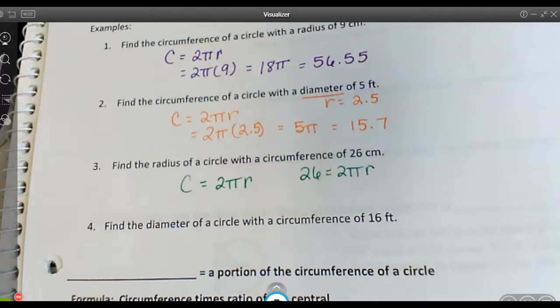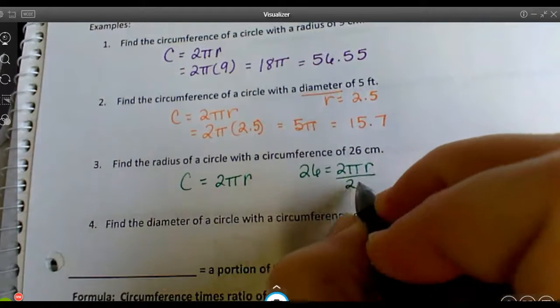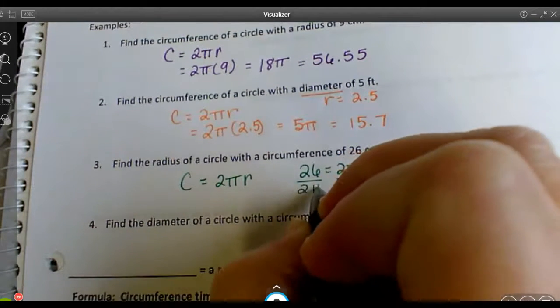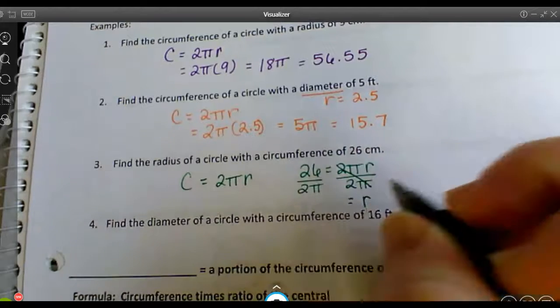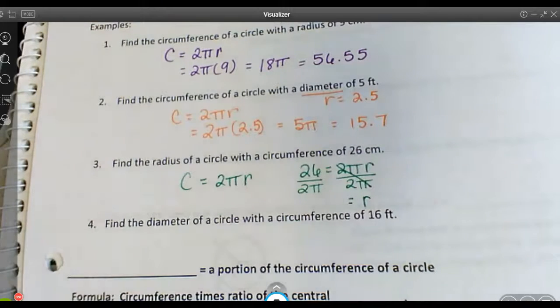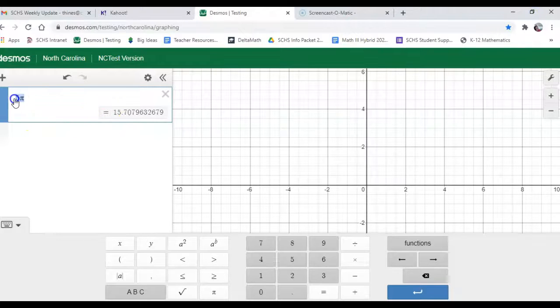You're looking for r. So what you do is you divide both sides by the 2 pi. So you divide both sides by 2 pi like this. That will give you r. 26 divided by 2 pi. When you put that in Desmos, just make sure that the pi is down there with the 2.